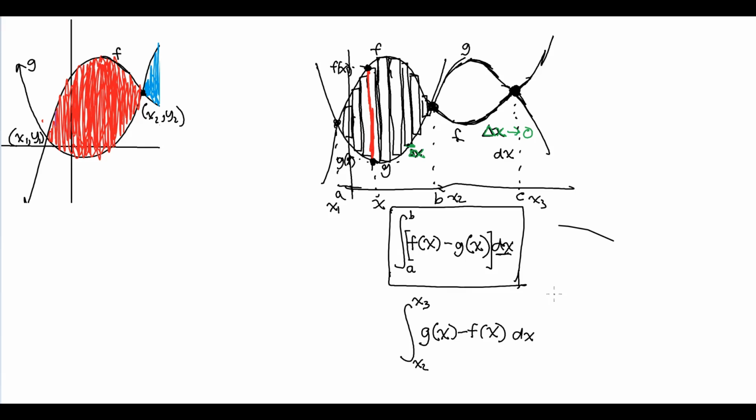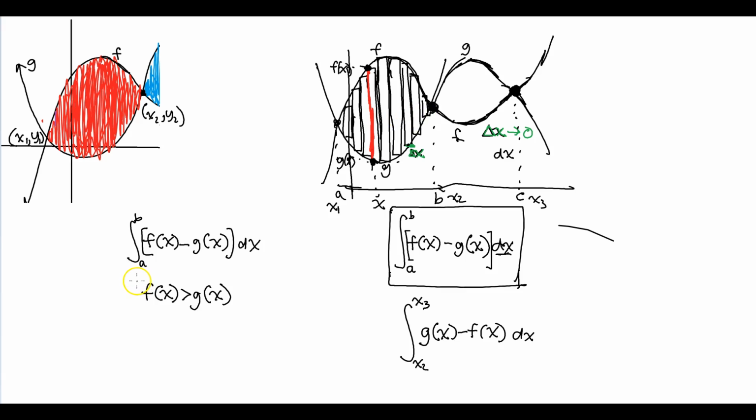And we can generalize this integral as f of x minus g of x, but if we define these two functions as f of x is greater than g of x, that basically means that f of x is our top function.